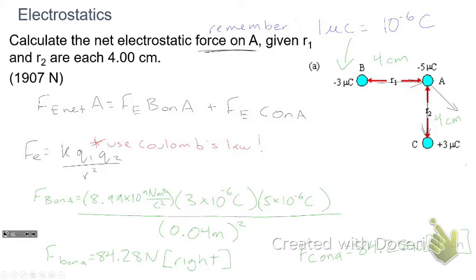I'm just going to jump over to the whiteboard here. We're pushing it to the right 84.28, and down 84.28. So our resultant is going to be right here.